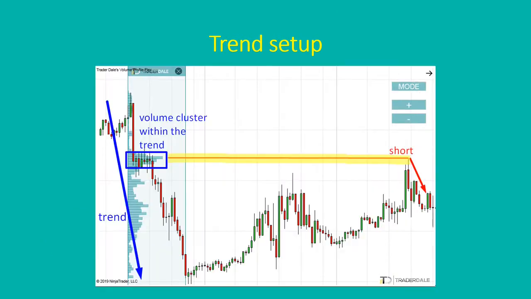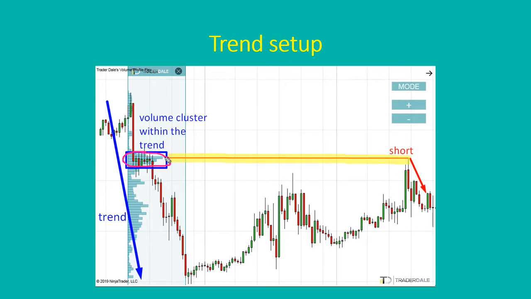Now there is another example of the trend setup. Again, there is a strong downtrend in here. As you can see, I used the volume profile on the whole downtrend area to look at the whole downtrend. In this case, the most significant volume cluster is in here.